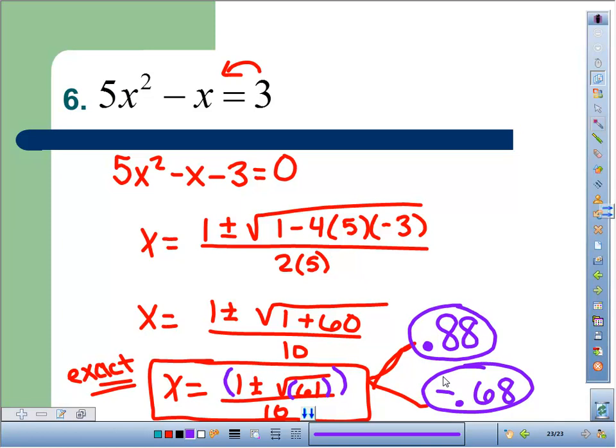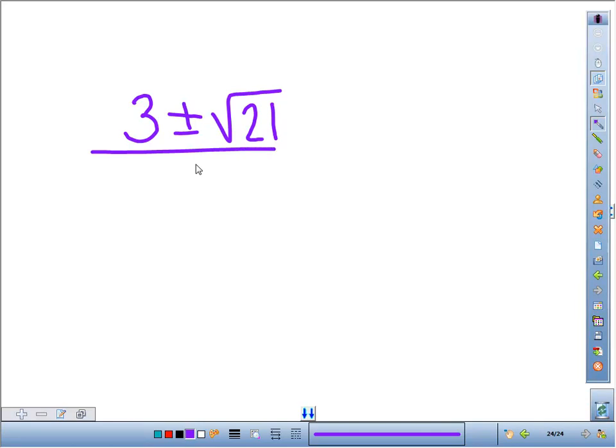Okay? Did everybody get those? Let's do one more. Just put this in your calculator is all I want you to do. Let's do 3 plus or minus square root of 21 over 5.